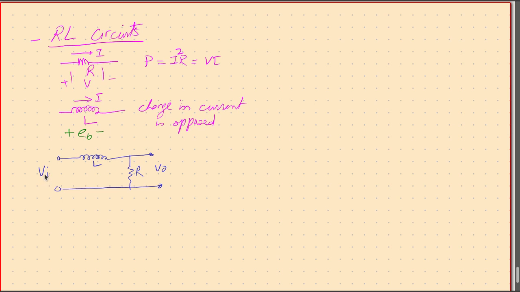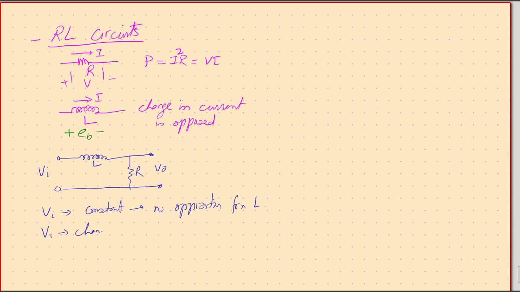Therefore, as long as Vi is constant, there is no opposition from the inductor. But if Vi is changing, then there will be some opposition, and this opposition depends on the rate with which it is changing.